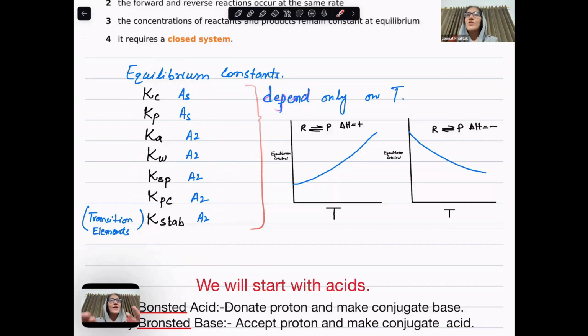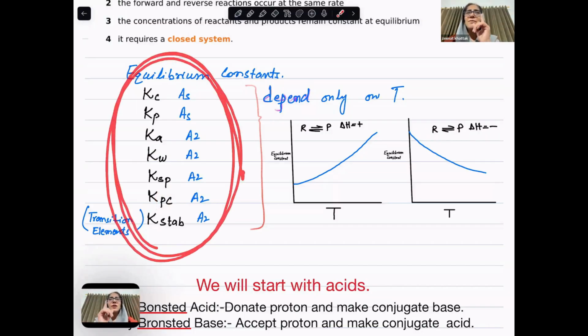If an acid ionizes, Ka. If water ionizes, Kw. If a salt dissolves, Ksp. If the same substance is put into different solvents, Kpc, partitioning. These are all equilibrium constants, and all equilibrium constants depend only on temperature.